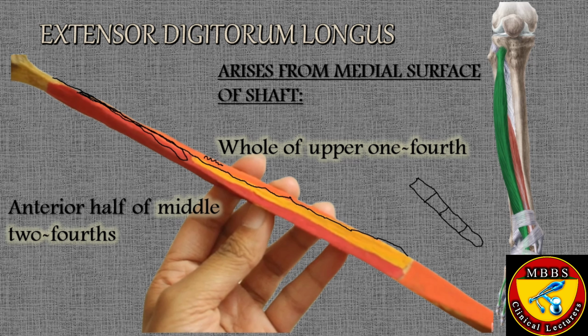Now this muscle takes origin from this region, and then only the anterior half of the middle 2/4. These are the middle 2/4, and this is the anterior half. So this is the origin of the extensor digitorum longus. I hope we are clear now.